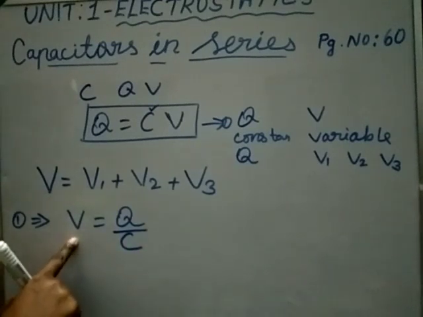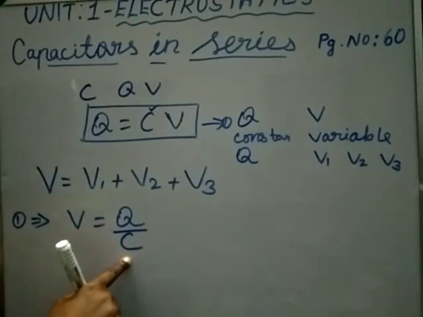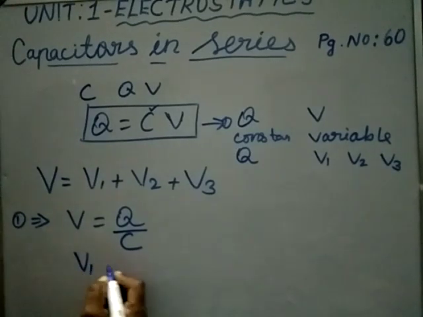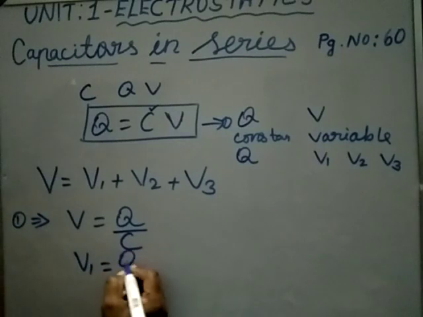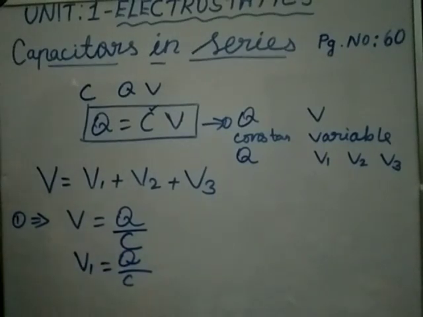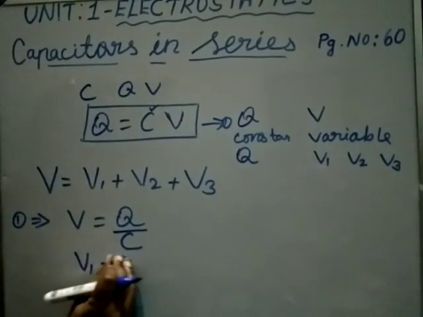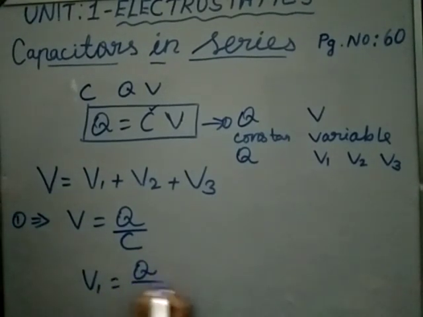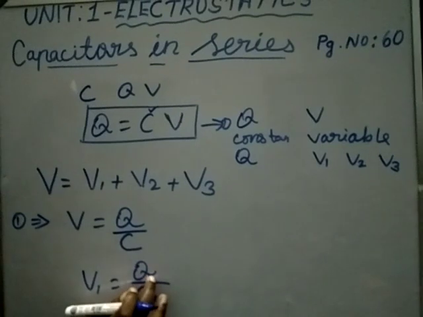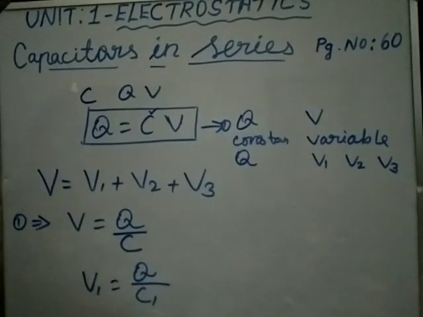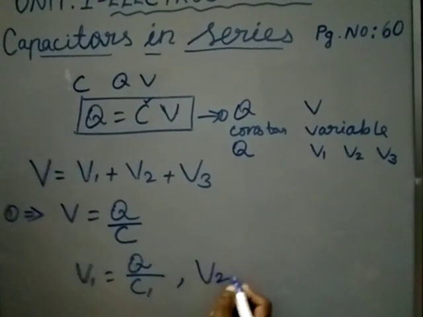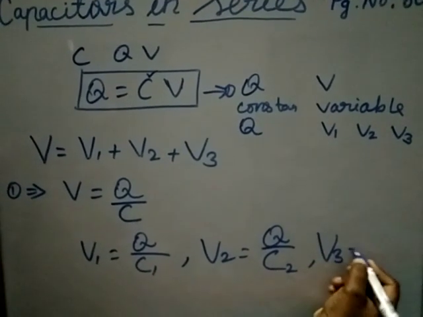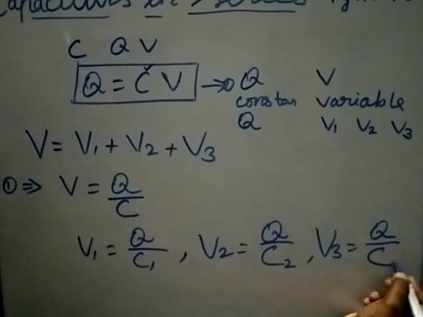The formula for V is Q by C. Now, what's the formula for V1? V1 will be Q by C1. Don't put Q1 because Q is a constant. The value of V2 is Q by C2, and the value of V3 is Q by C3.